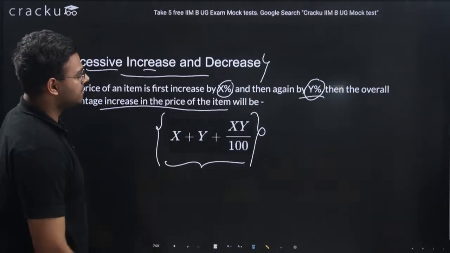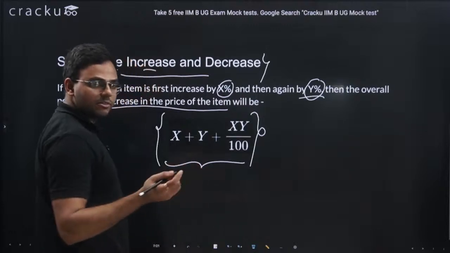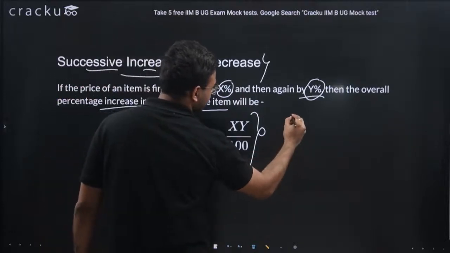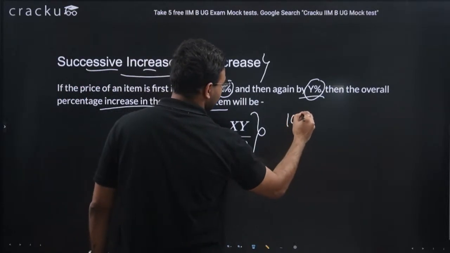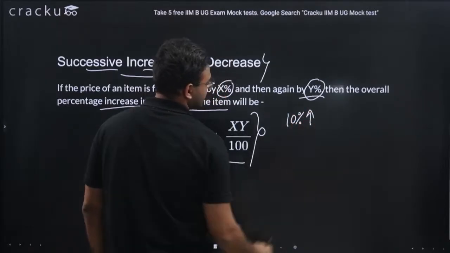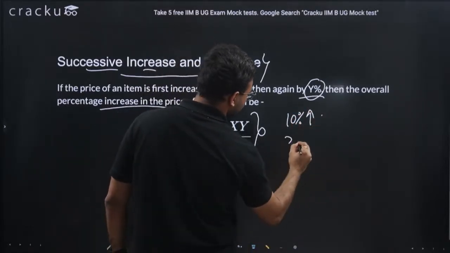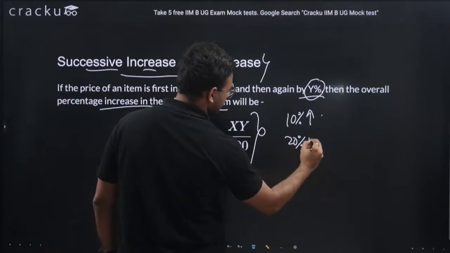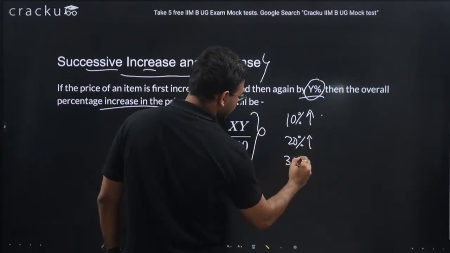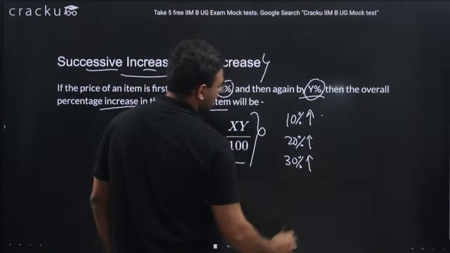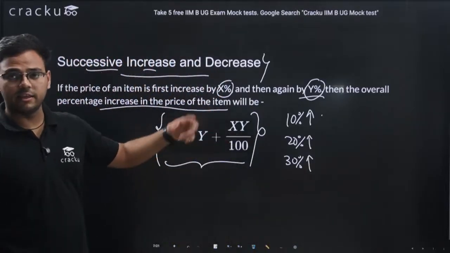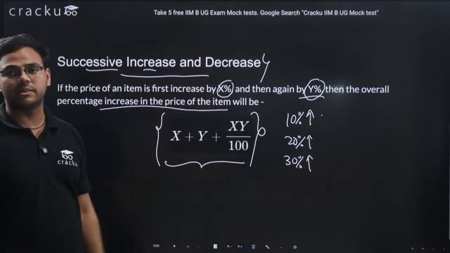Also, in some cases it will be said that a quantity is first increased by 10%, then increased by 20%, and then again increased by 30%.